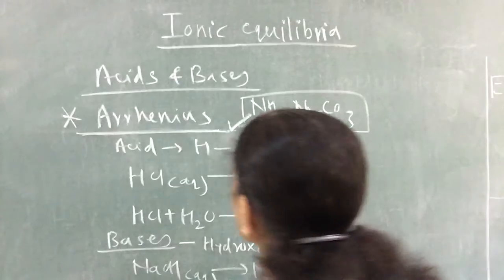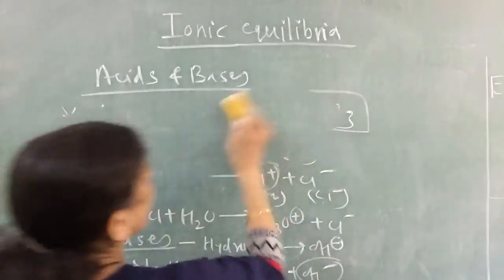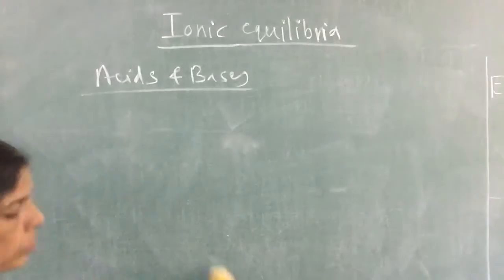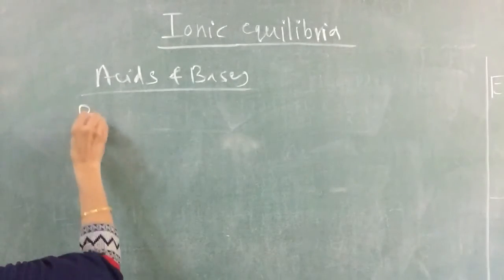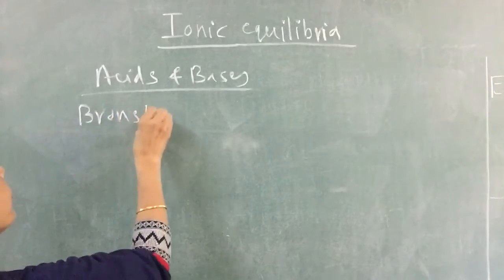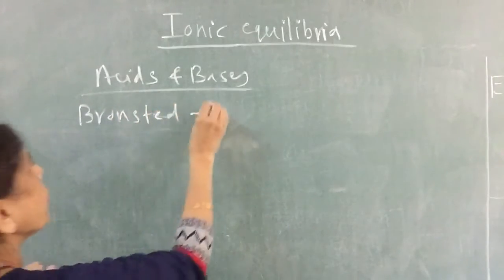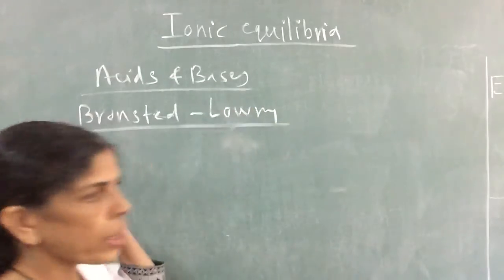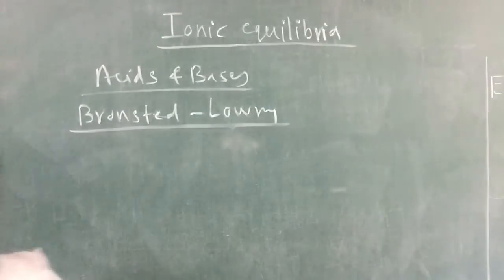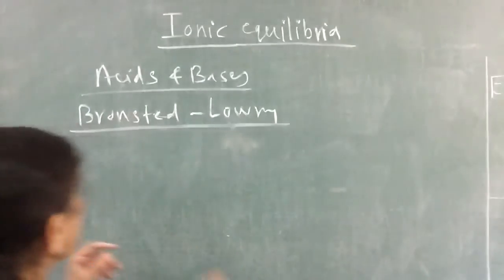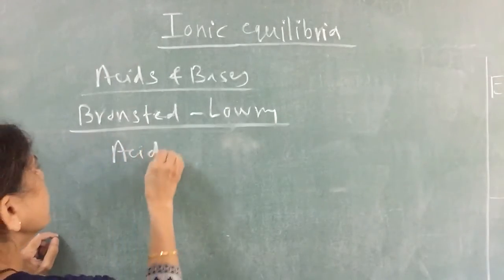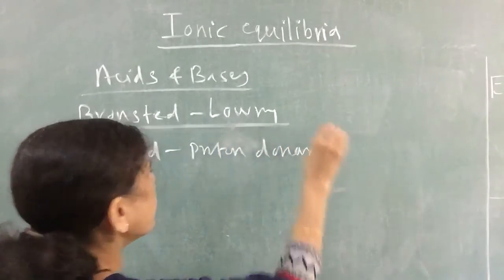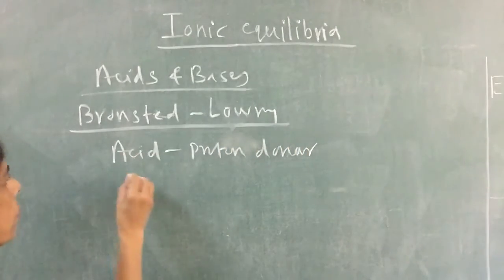The next theory was given by Bronsted and Lowry. So according to the Lowry-Bronsted concept, acid is proton donor, while proton means what?